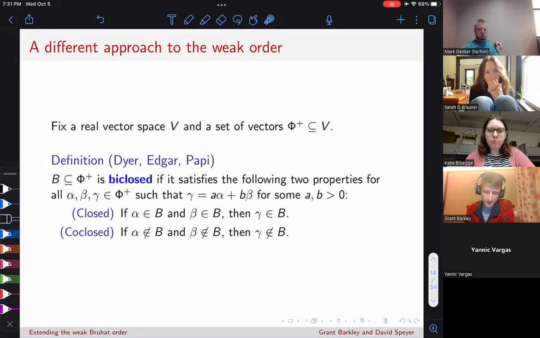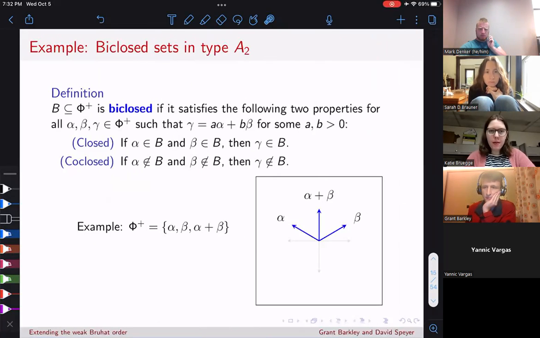And then biclosed you could also call clopen. However, for whatever reason, this is just not the terminology used in this area.